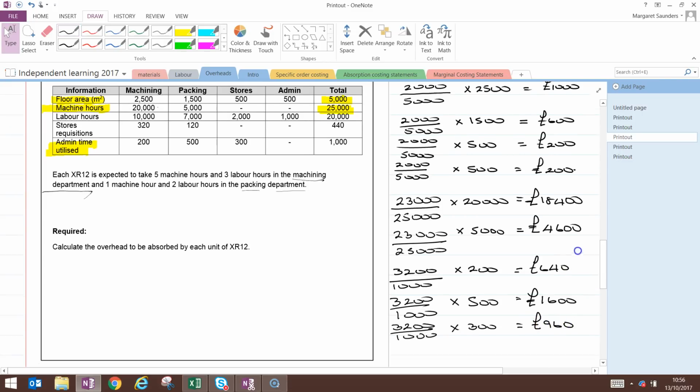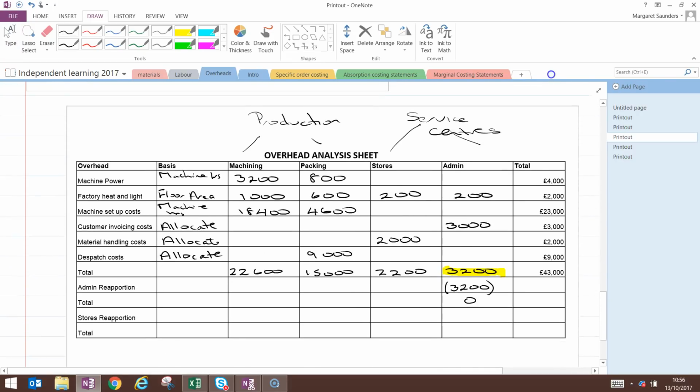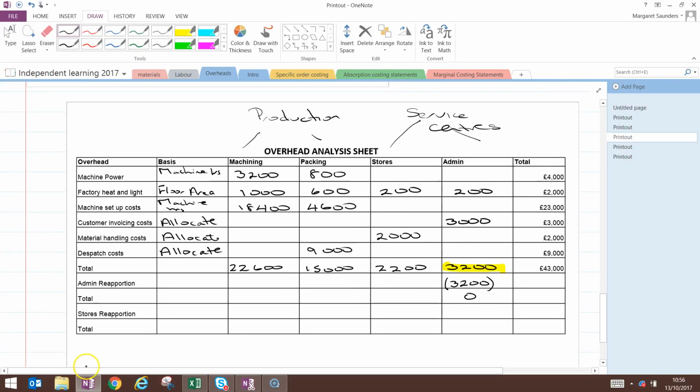So we can put those into the overhead analysis. So we're reapportioning the admin. We're putting £640 to machining, £1,600 to packing, £960 to stores. So we total again. So that's 23,240.